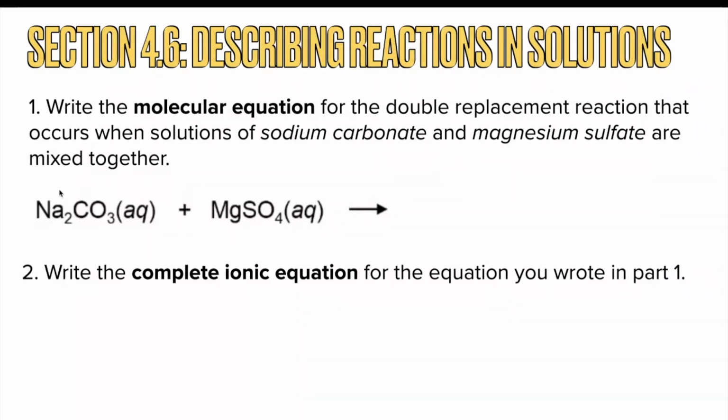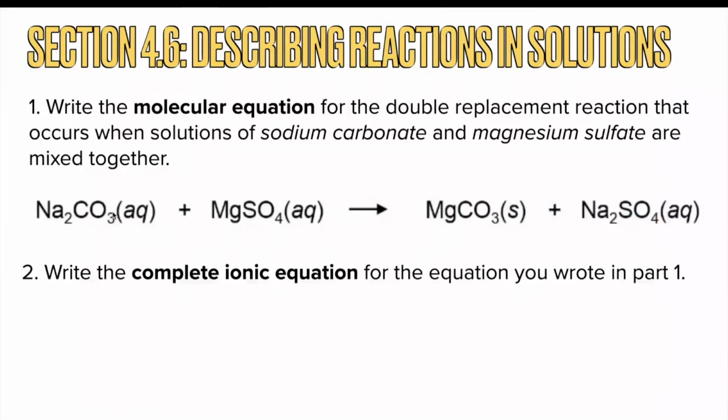What would I get? Well, hopefully you remember that when we do double displacement or double replacement reactions, the cation from one pairs up with the anion from the other. And then the cation of the other one pairs up with the anion of the opposite side here. So what would I end up making? I would end up making sodium sulfate and magnesium carbonate.